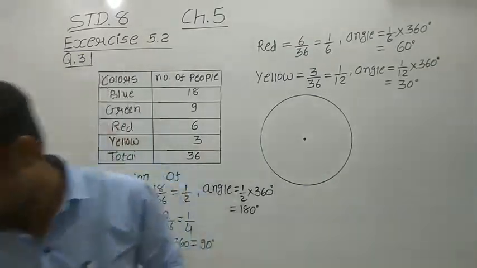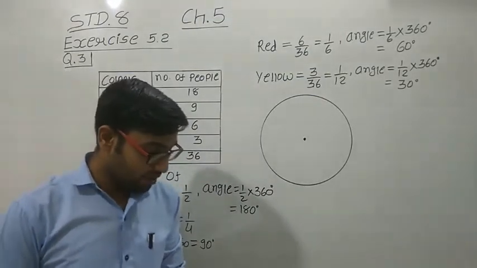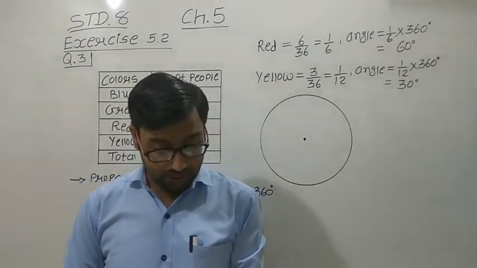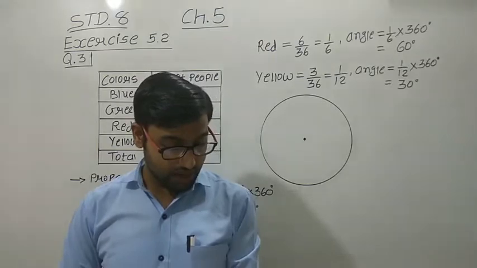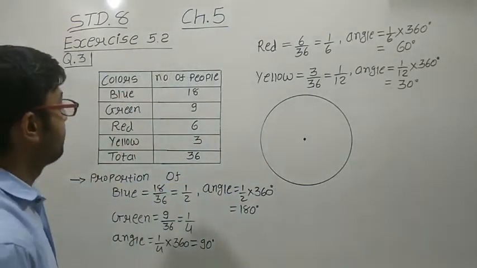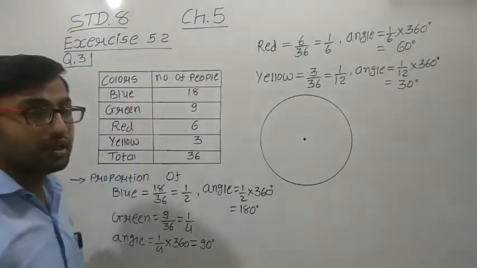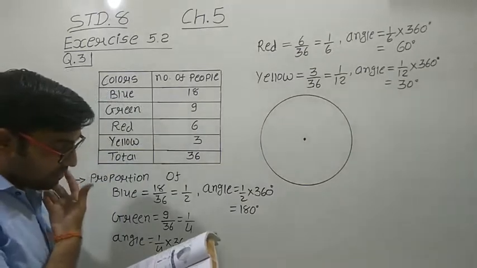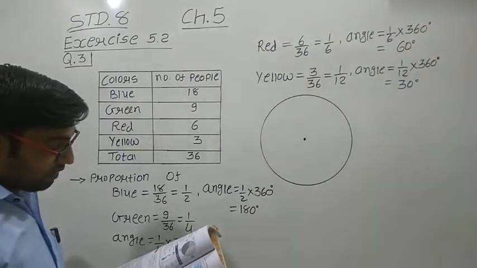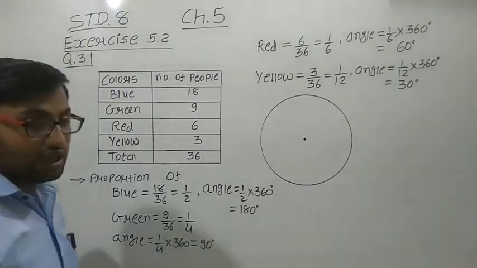This question is also related to drawing a pie chart. See, question number 3 is: draw a pie chart showing the following information. The table shows the colors preferred by a group of people. So here we are given a table. The first column is the colors, and the second column is the number of people. This information is about the number of people who preferred which color, right?